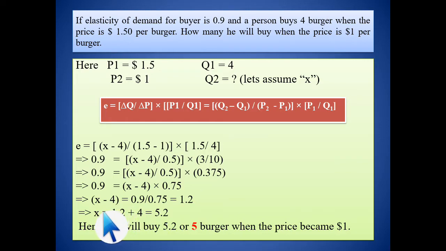After that you will get the answer: x is equal to 5.2. What is this x? We have assumed our new quantity Q2 to be x. So x is 5.2. See, we cannot have 5.2 burgers, so let it be a whole amount. He will buy 5 burgers when the price becomes $1. Okay, clear?